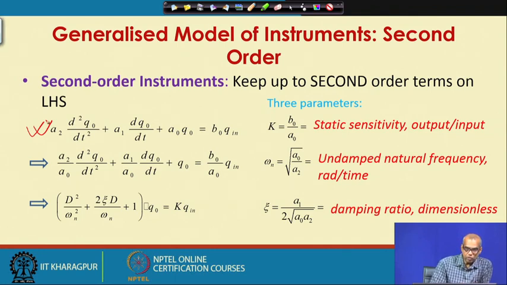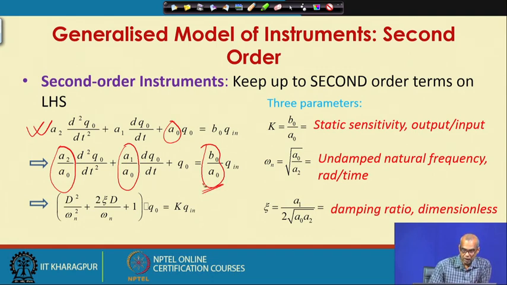Again, divide this equation throughout by the coefficient of 0 order term q 0. So, I get a 2 by a 0 here, a 1 by a 0 here, and b 0 by a 0 here. Note that b 0 by a 0 is same as static sensitivity k.